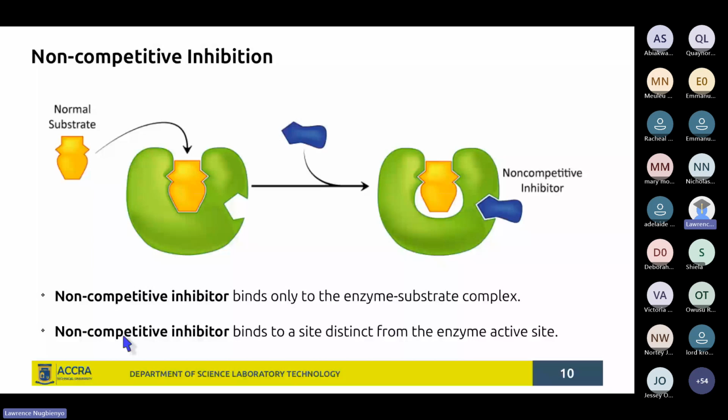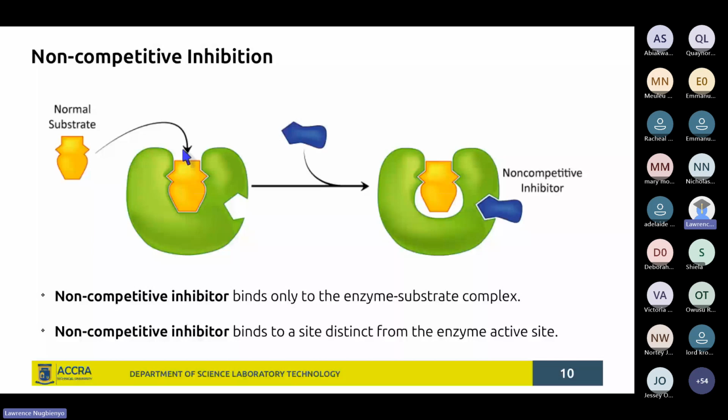So the inhibitor doesn't need to bind to the active site of the enzyme. And so what you see is this green structure, which is representing the enzyme. The active site is there, and you have the normal substrate that is bound in the active site.